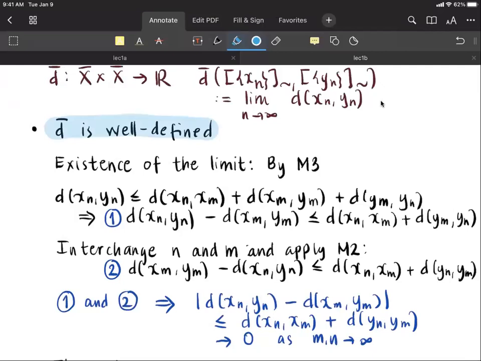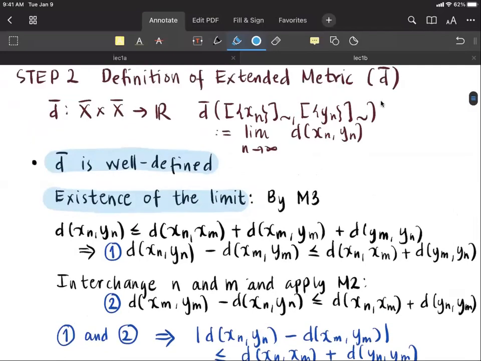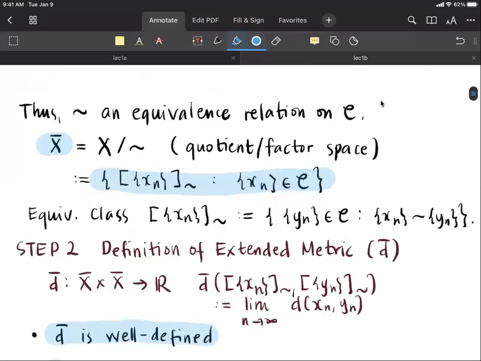The second portion is the independence with respect to the representative. Take note that an equivalence class here contains a collection of Cauchy sequences. What if I choose a different representative of the equivalence class?